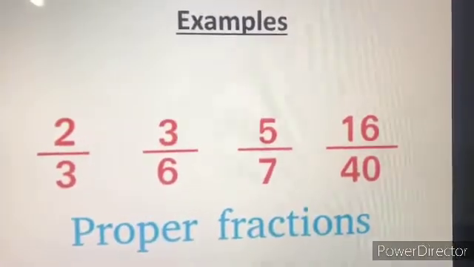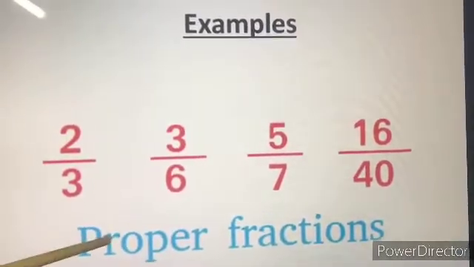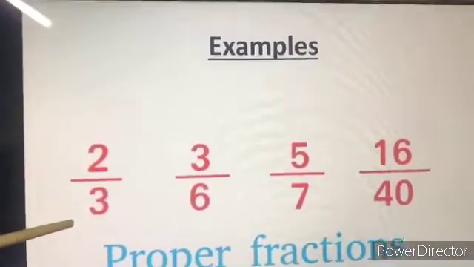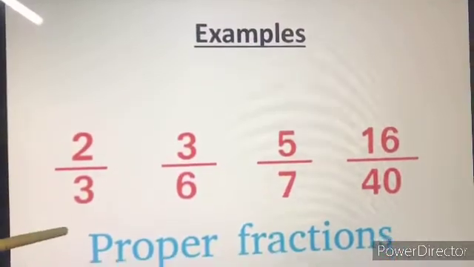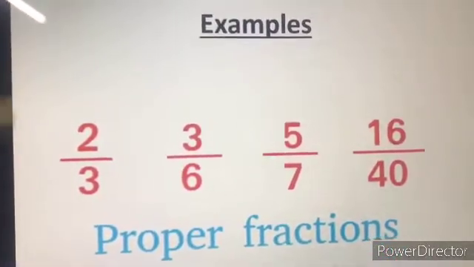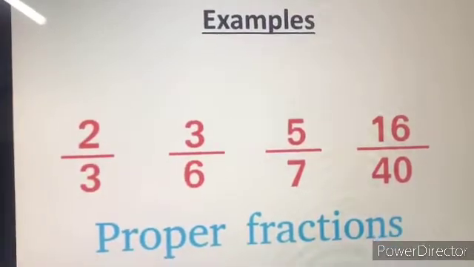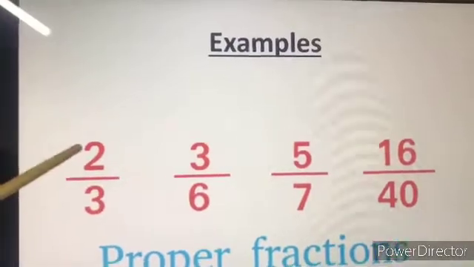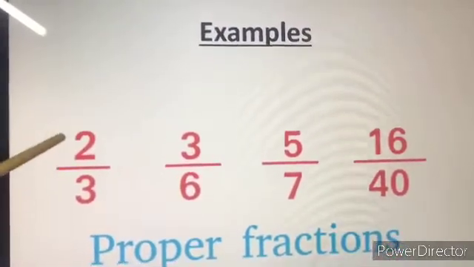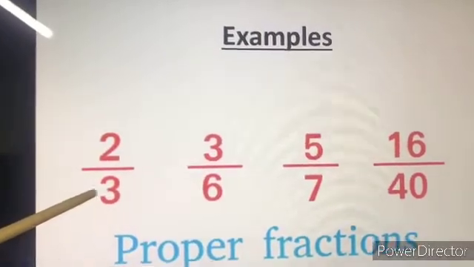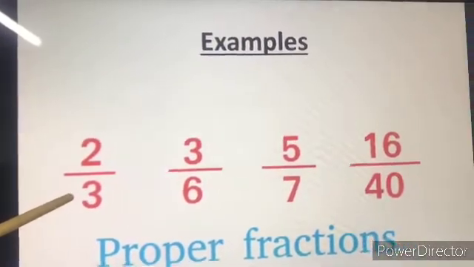So students, let's start with a few examples of proper fractions. See, this is 2 by 3 or 2/3. How does it come in proper fraction? Yes, anyone? Yes, well done. Because the upper part or the top digit is less than the down digit or the bottom part.